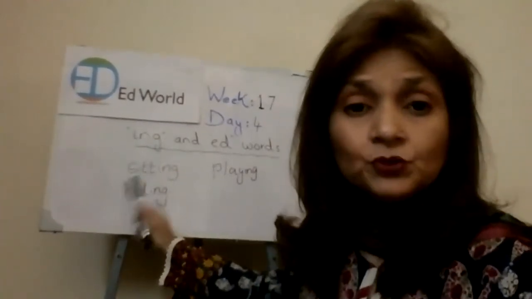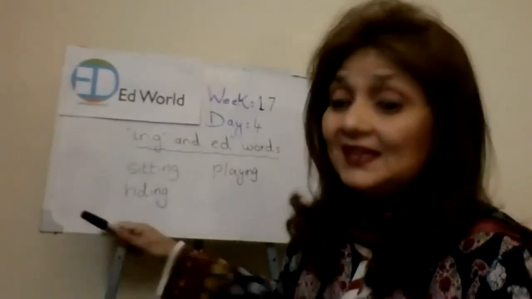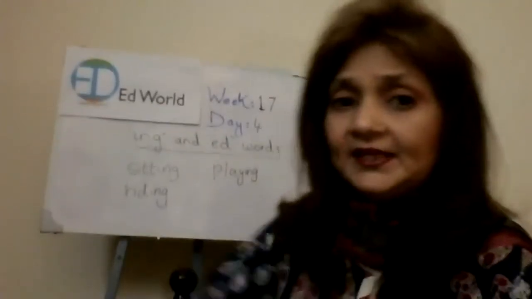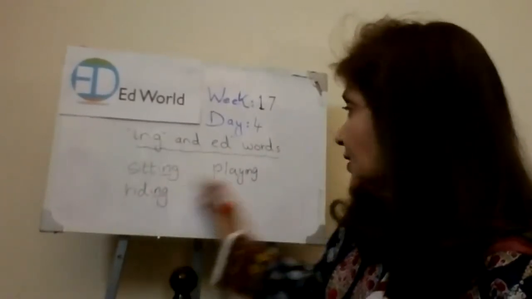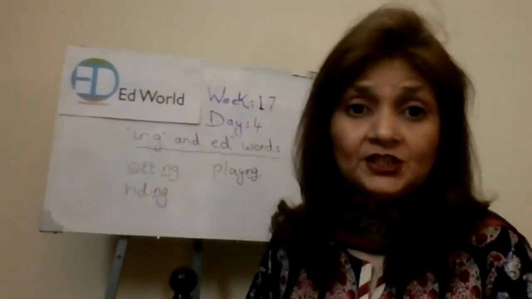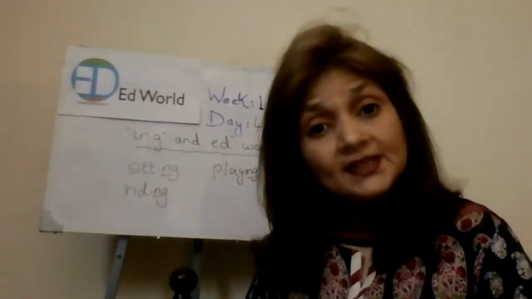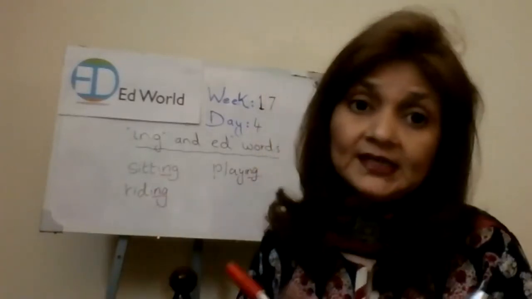Now, you notice one thing that here what you have used in all these words, what is common in all these words? ing. Correct. They all have ing. Why do you think they all have ing? Because this is what is actually happening right now.